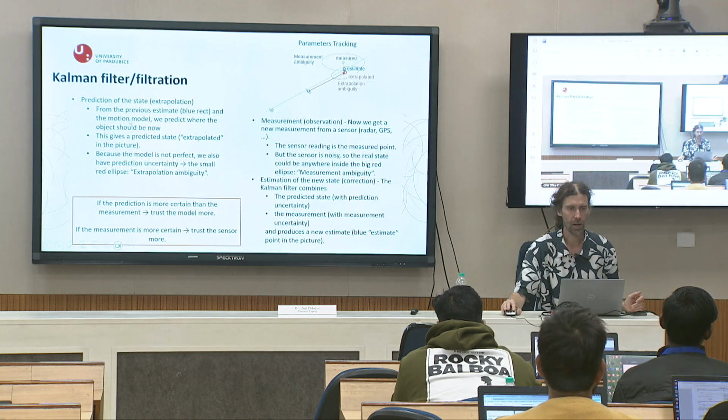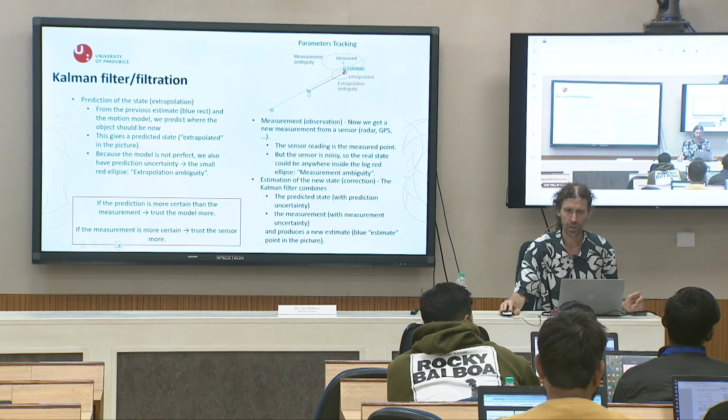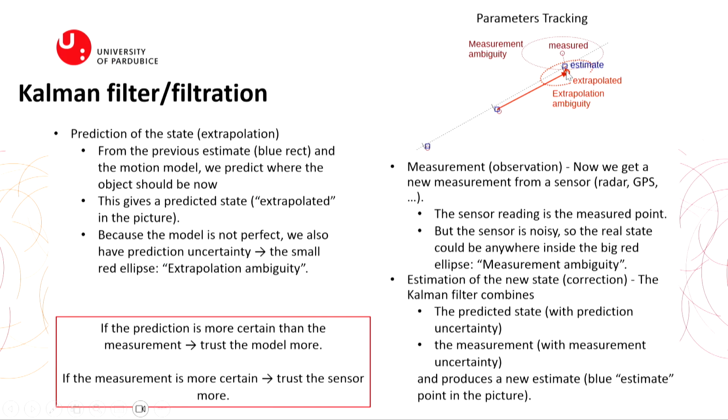We can predict where the object should be. The prediction, I call it extrapolation, and this extrapolation of the next step has some extrapolation ambiguity. Then we can get a measurement, and again some measurement ambiguity.